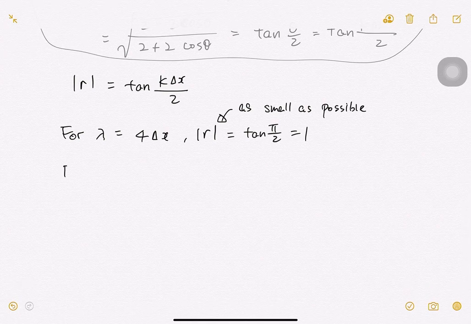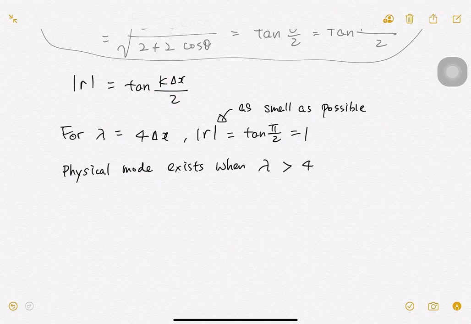And the physical mode exists when your wave number is larger than 4 delta x. For large wave number, the reflection will be close to 0, which means that this kind of boundary condition is favorable for long waves.